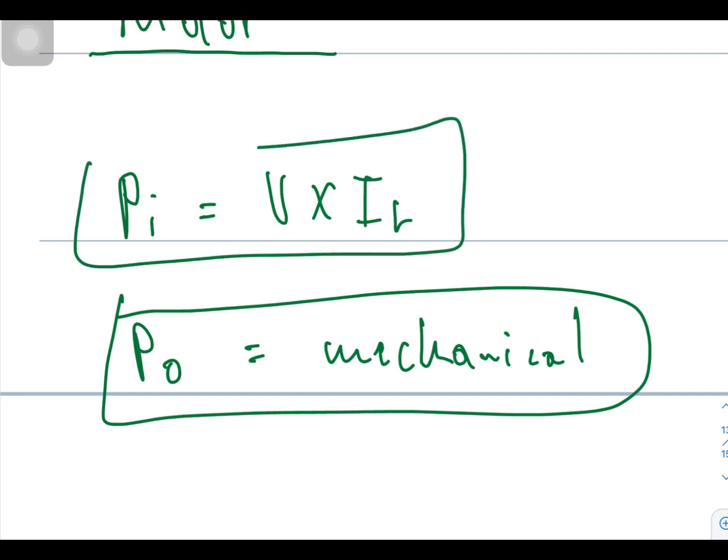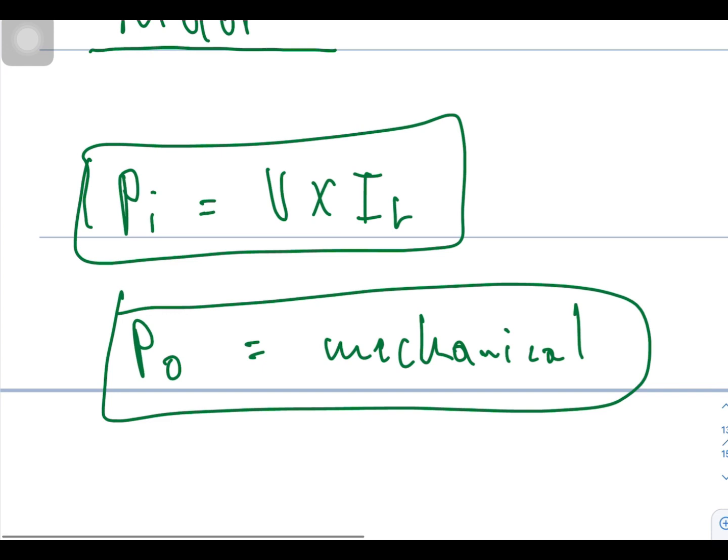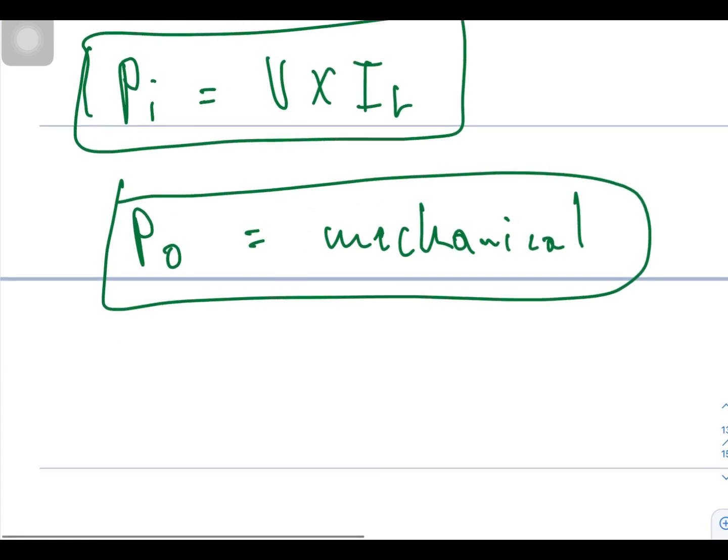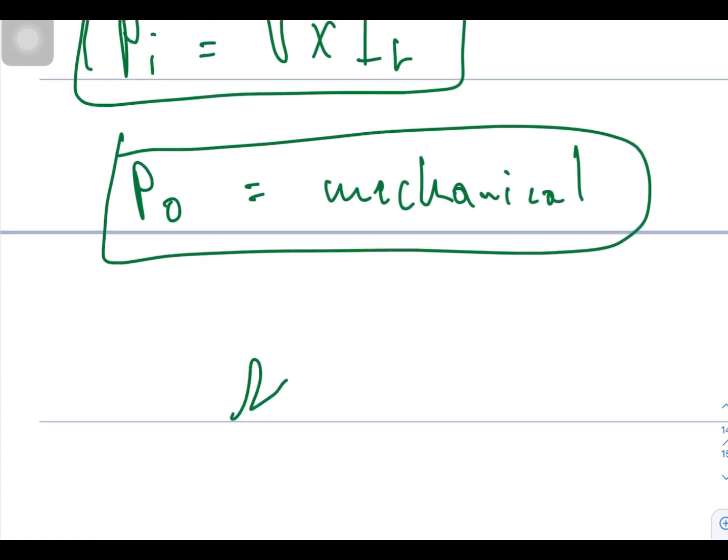You have this one where you multiply the supply voltage with the supply current, because I L is the supply current for a motor. Or the second option, if maybe you are given efficiency, is manipulating using efficiency.